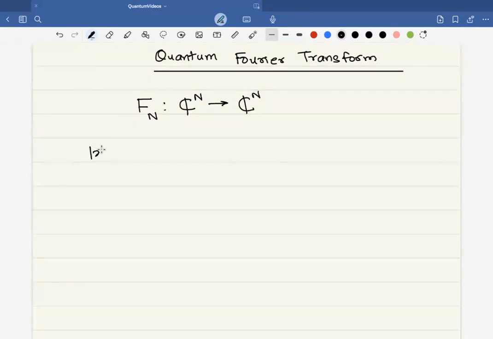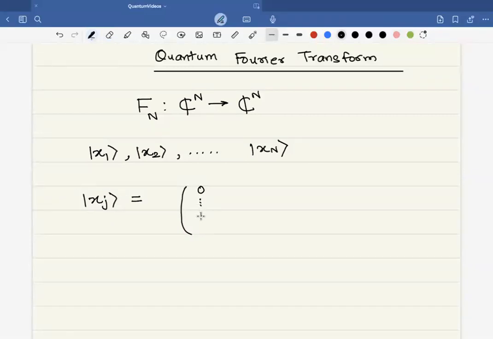And suppose I have a basis x1, x2, ..., xN of my vector space, and xj can just be 0 everywhere else. So it could be the standard basis and 1 on the jth coordinate, right? So the Fourier transform transforms this basis into another basis.